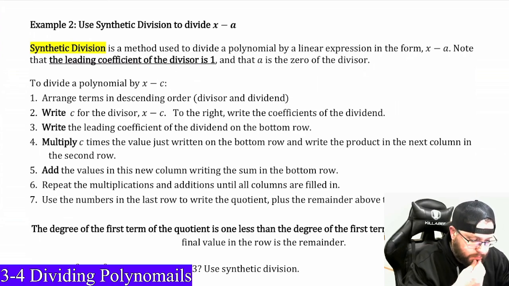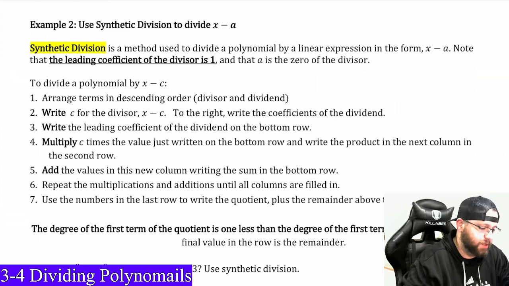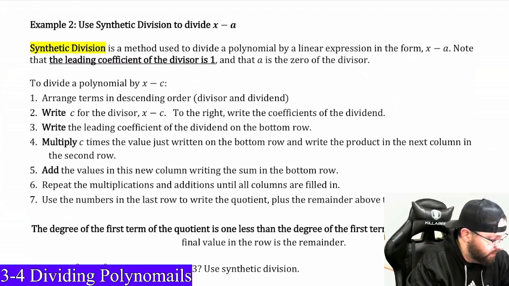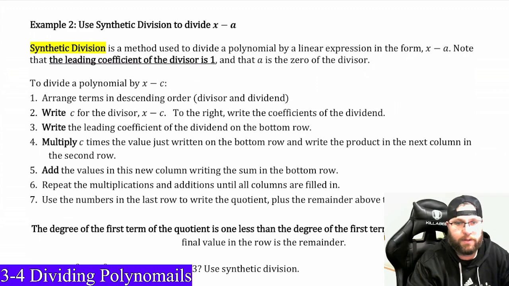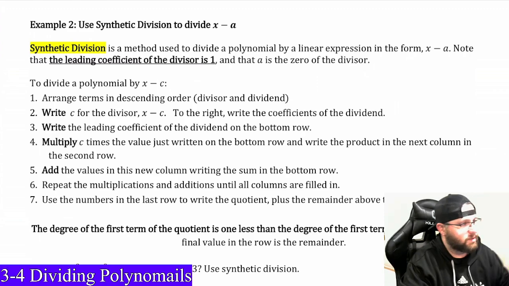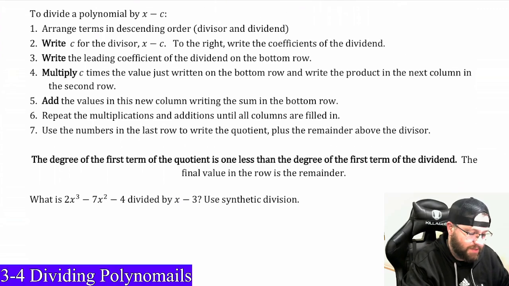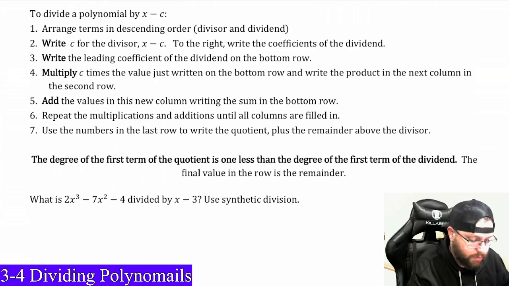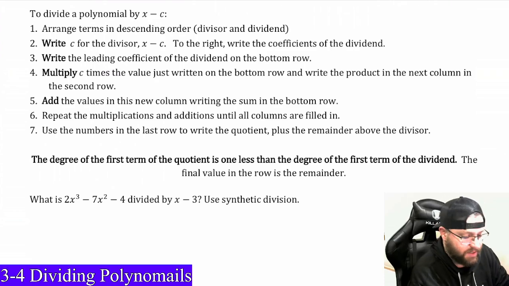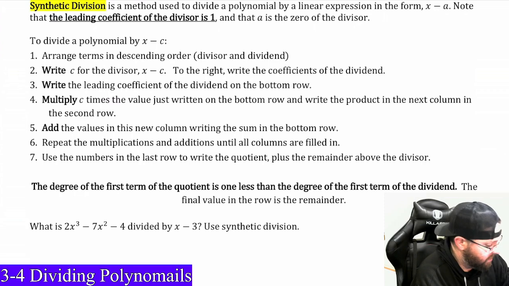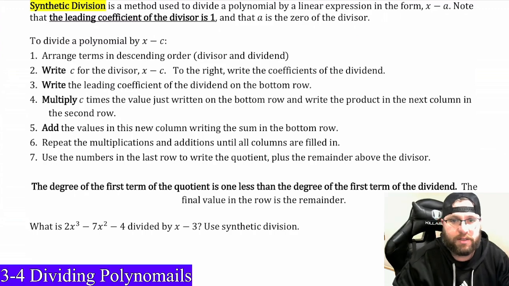So that tells us that we're going to divide it slightly differently. We can only do this with some x minus c. So the value in front of x has to be 1 in order to use synthetic division.